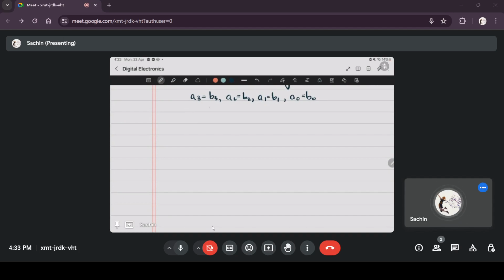So if AI equals BI for I in the set 0, 1, 2, 3, then AI XOR BI whole complement is 1.